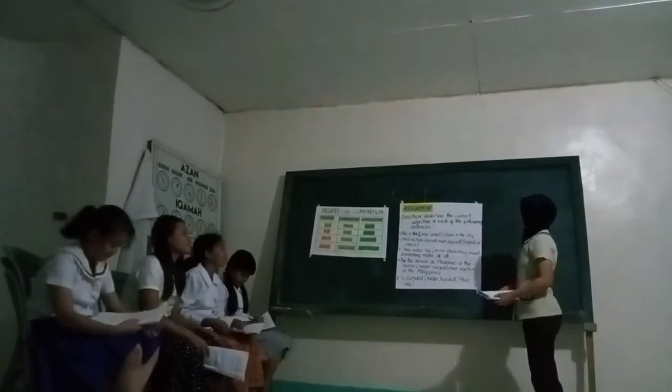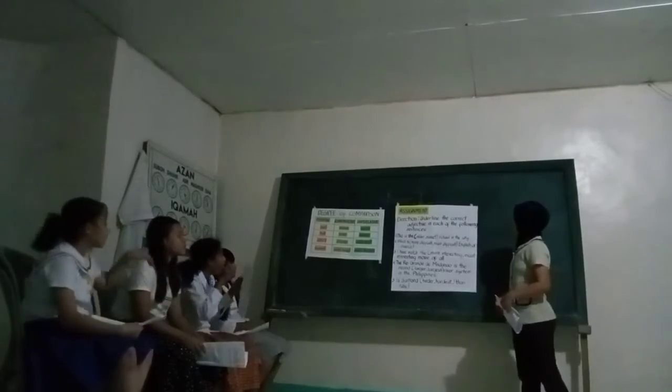For your assignment, I want you to copy this. The direction is that you should underline the correct adjective in each of the following sentences. We have number 1. This is the oldest school in the city. And number 2, which is more difficult, most difficult, English or science.